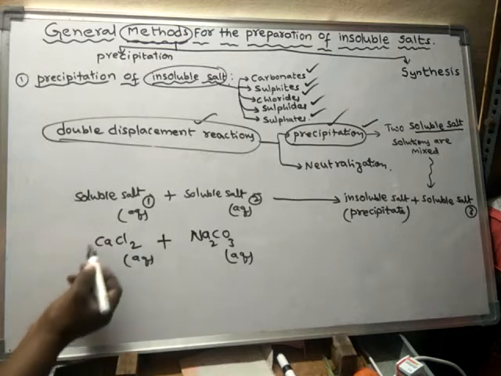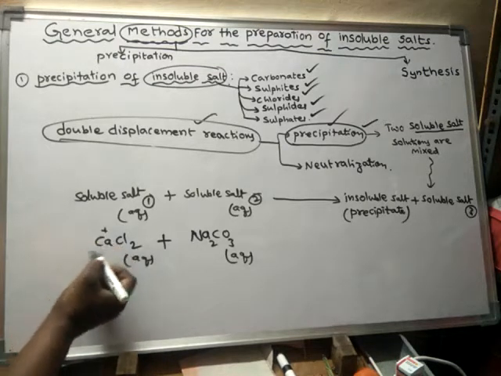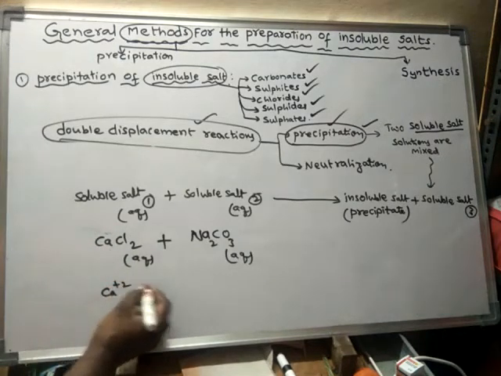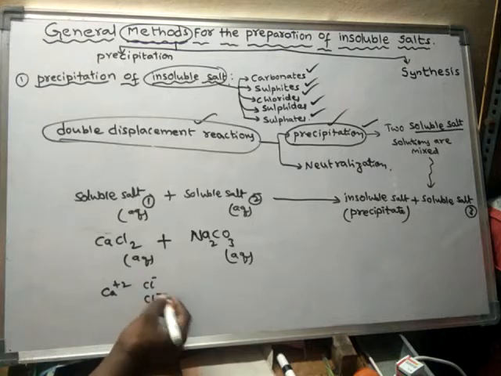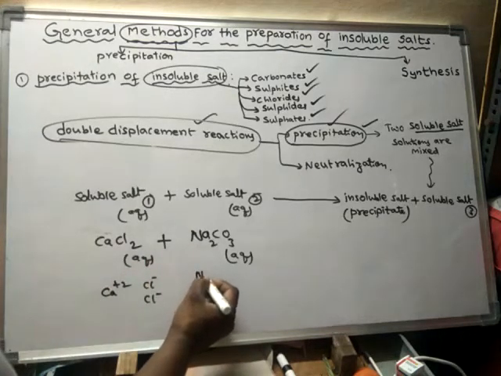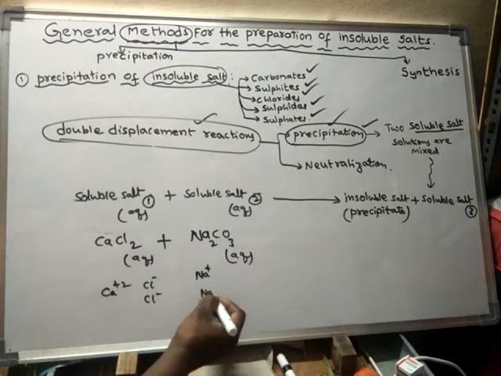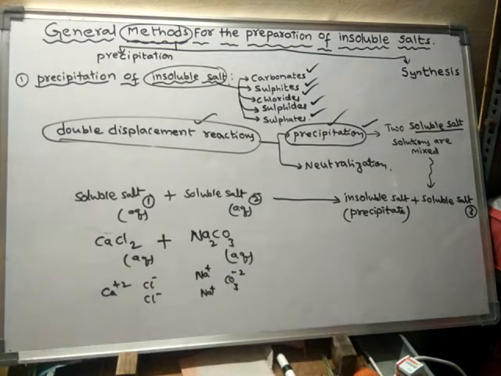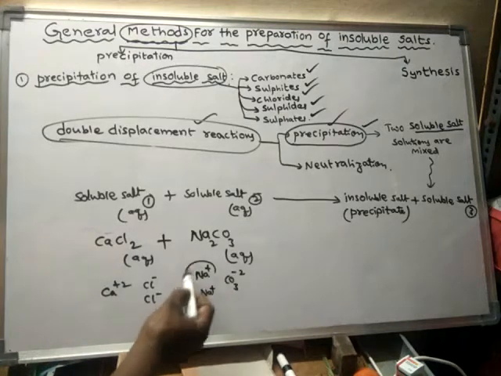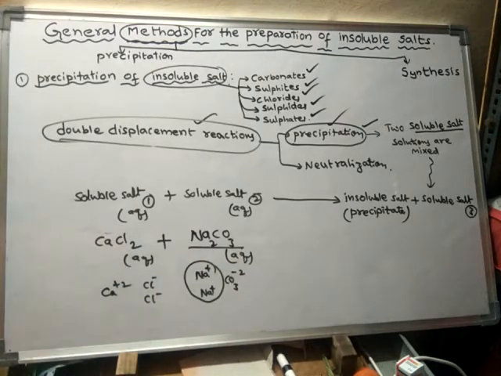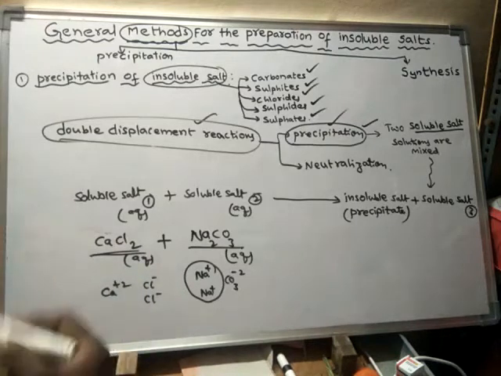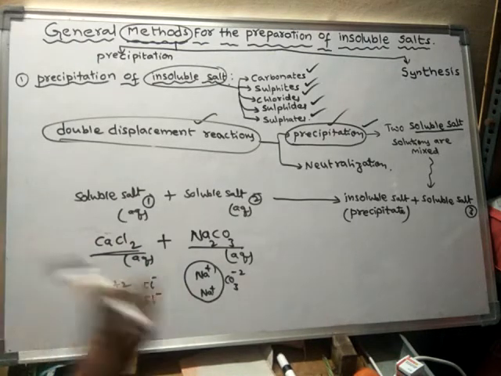So in this process, what happens? This contains calcium ions, Ca2+, and chloride ions, Cl-. And this contains sodium ions, Na+, and carbonate ions, CO3 2-. The positive ions from this salt and from that salt exchange the positive and negative ions, or positive and negative radicals.